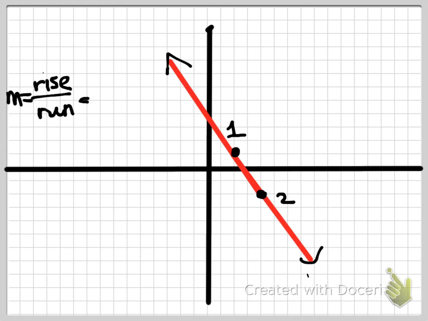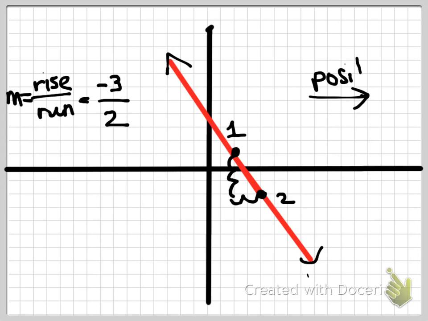All right, so from point 1 to 2, we go down 1, 2, 3. Down is negative, so our rise is a negative 3. And we go to the right, 1, 2. Well, on a number line, to the right is positive, and to the left is negative. So that was a positive run, which is 2.